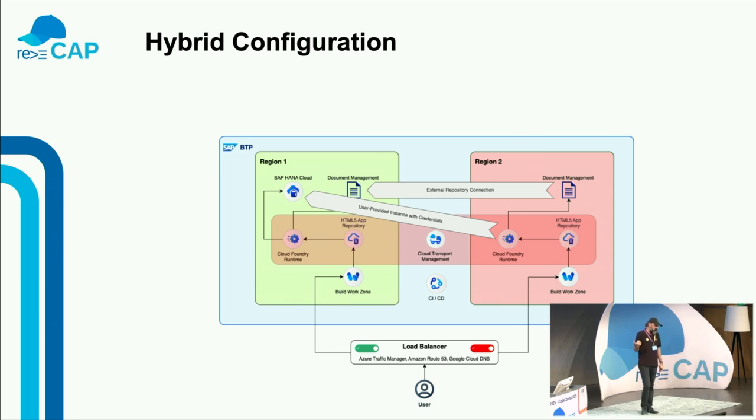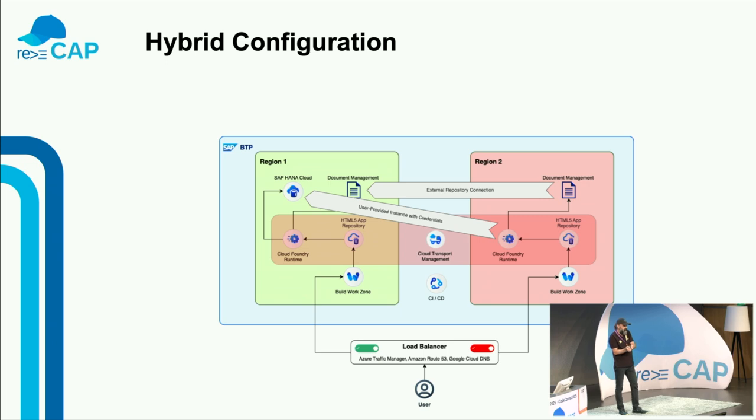And in the second region, I have created the integration option instance, and there was an external configuration option in the DMS setup. Instead of onboarding a new repository in the DMS, I onboarded an external repository pointing to the first region's instance.